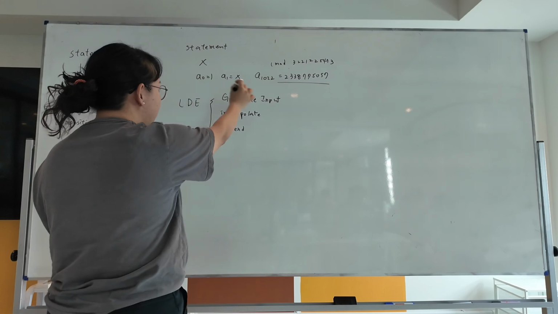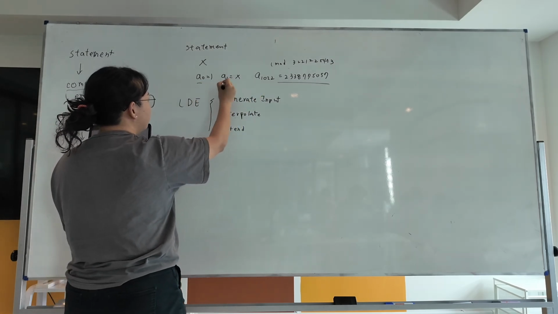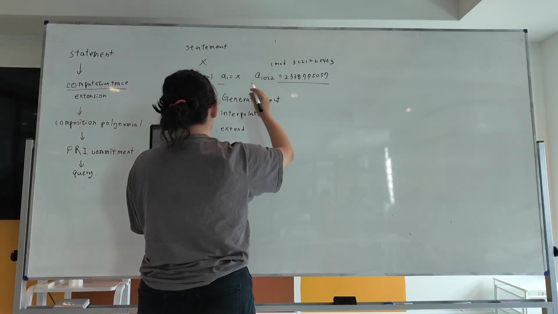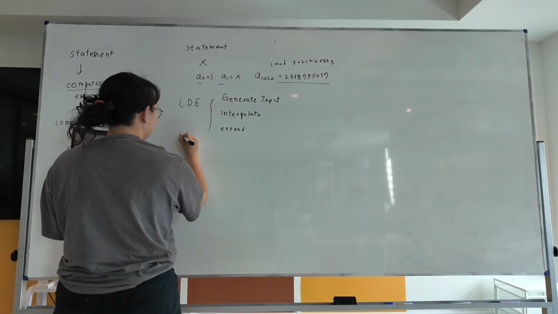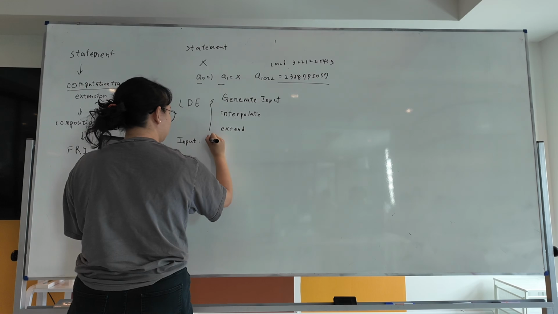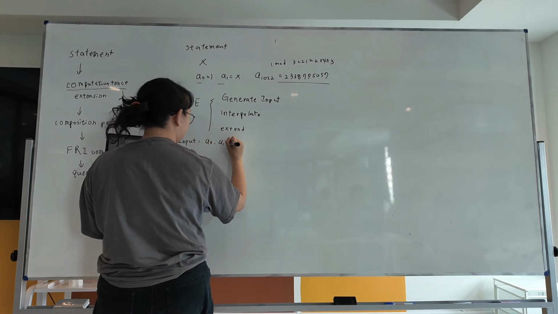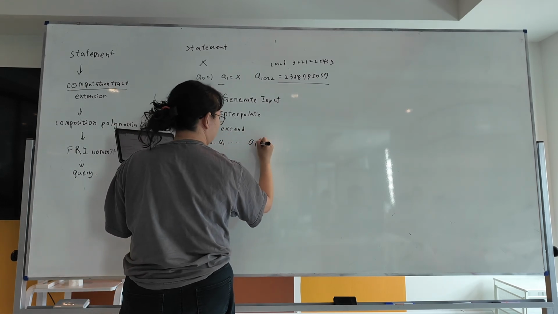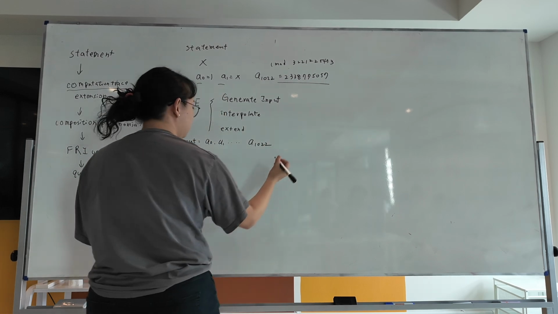So in this example, we have A0, A1, dot, dot, dot, and this is going to be the trace that we're using. The input is going to be A0, A1 to A1022, and this is the trace.